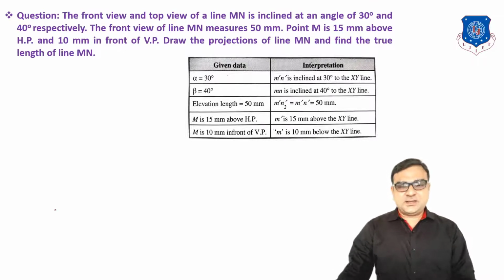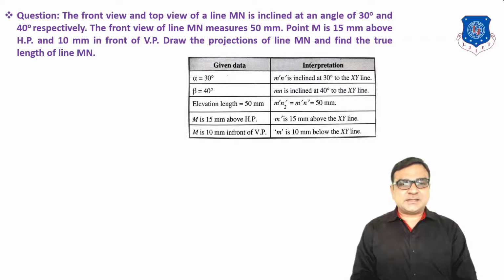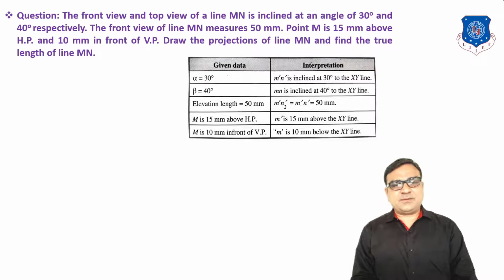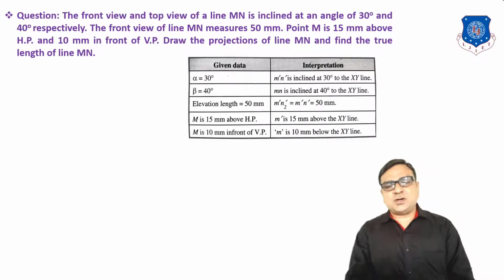Alpha is known as the apparent angle of the front view with HP and beta is the apparent angle of the top view with VP. Elevation length is 50 mm. The location of M is given. M is 15 mm above HP and 10 mm in front of VP. So M is in the first quadrant.